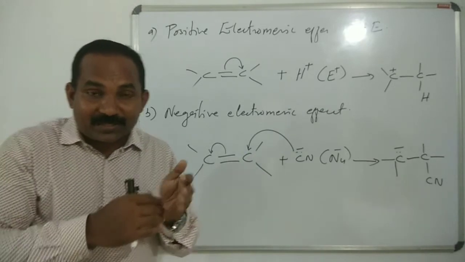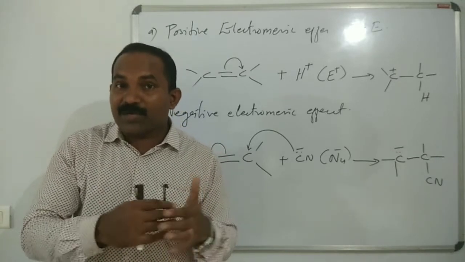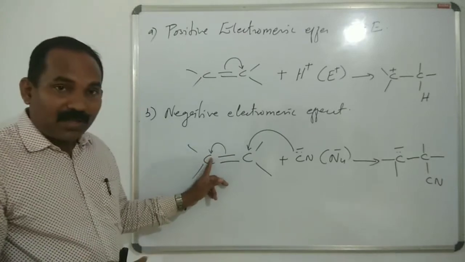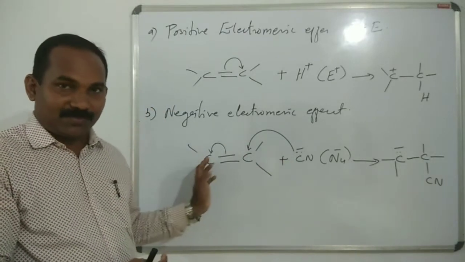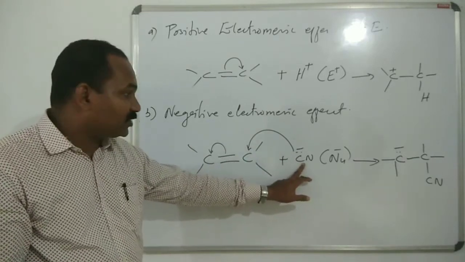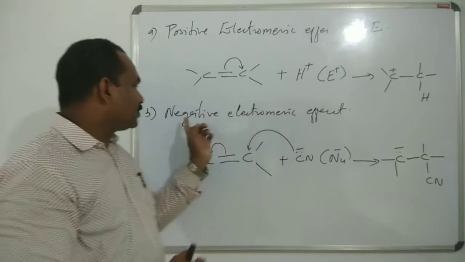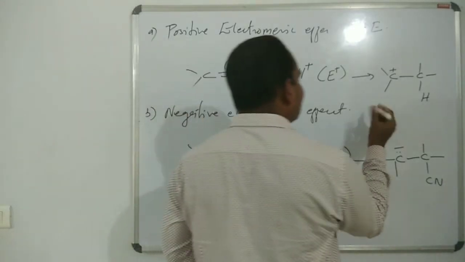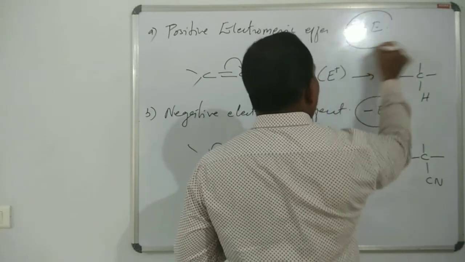In this case, the shared electron between the two atoms in a multiple bond is shifted to one of the atoms. The attacking reagent does not attach to that carbon atom. Okay, the attacking reagent is attached to the other carbon atom. That's why it is called a negative electromeric effect and is represented by minus E effect.